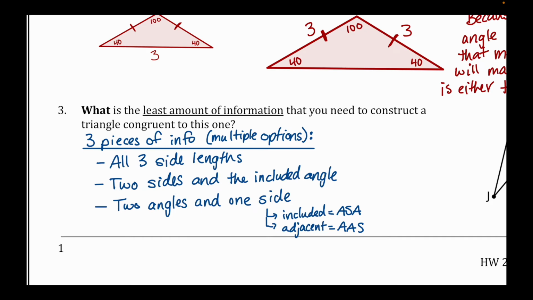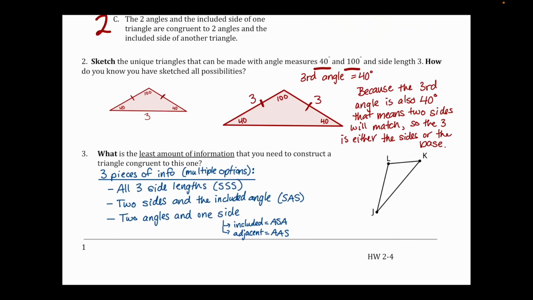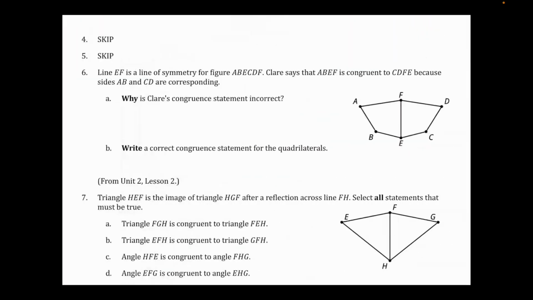And yeah, we would need three pieces of information, but those would be our different things. So this one would be SAS, and this one here is SSS. Either way, they all require us to know three individual pieces, so the least amount of information I would need is those three.